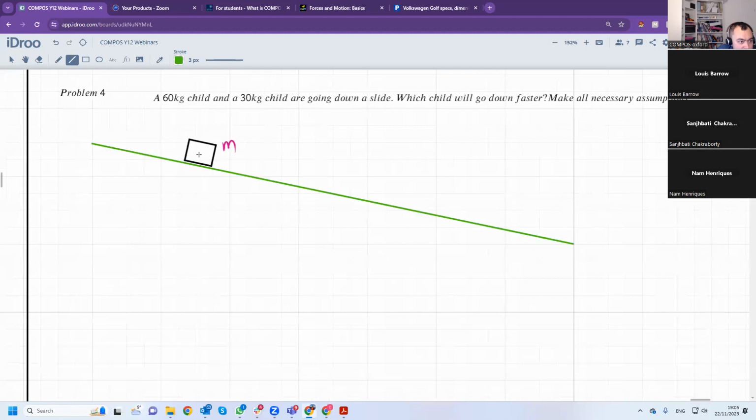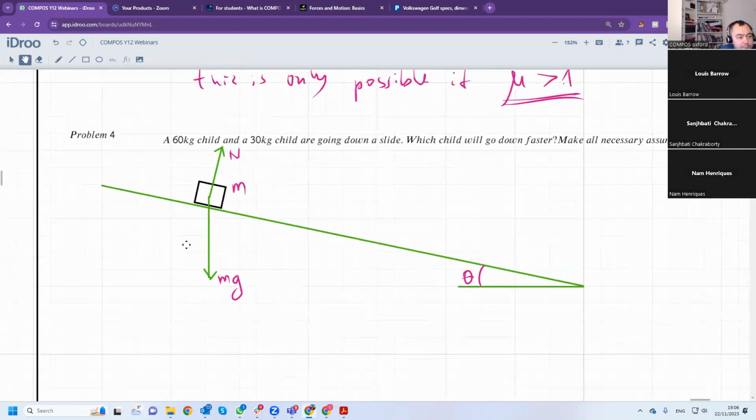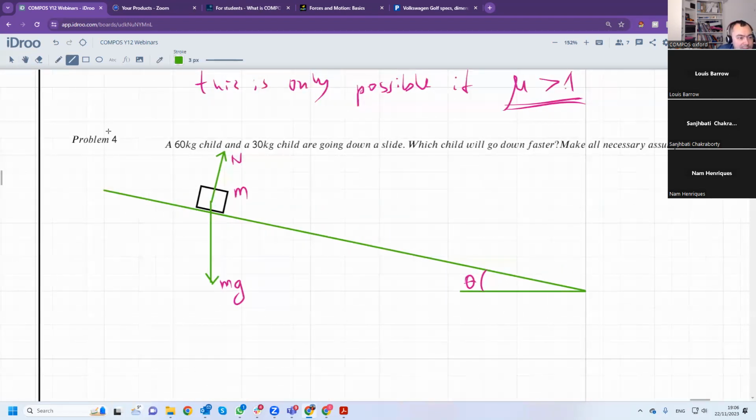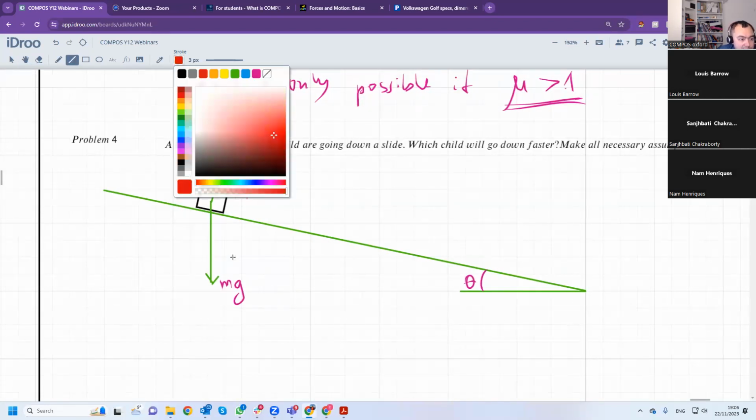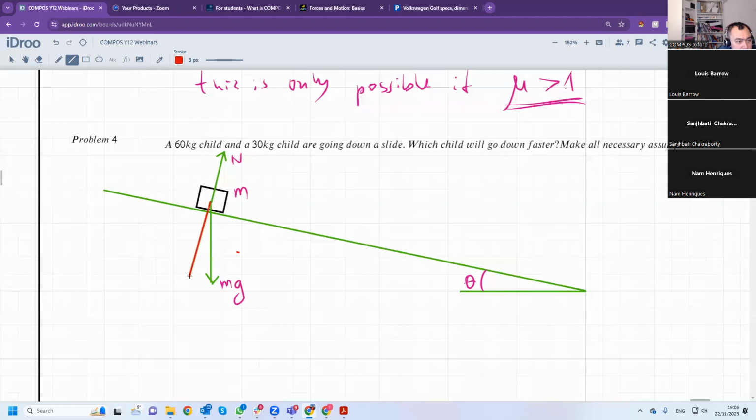There's the gravitational force, mg, and the incline is theta, and this is the normal reaction force. Now I'm going to split the mg into two components: a component perpendicular to the slope and along the slope.